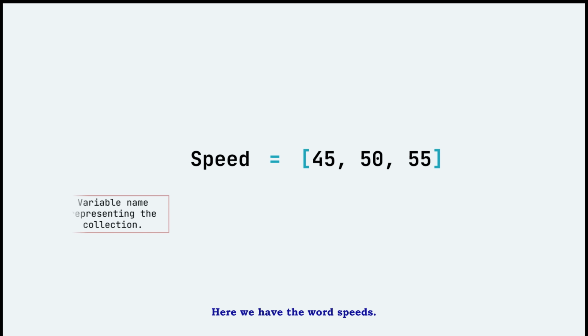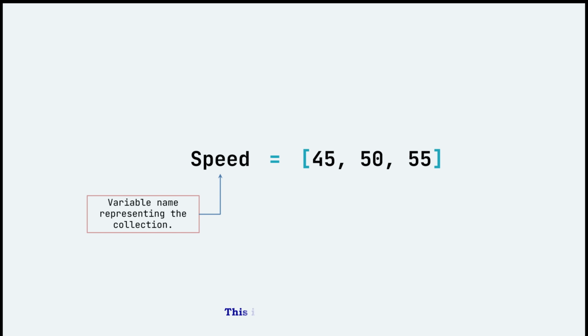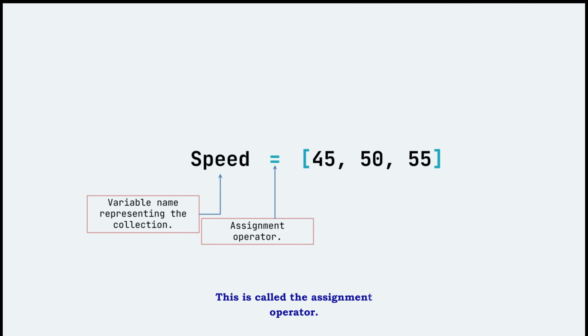Here we have the word speeds. This is the variable name. It represents the collection of speed values. Next we have the symbol equal. This is called the assignment operator. It assigns the values from the right side into the variable on the left side.